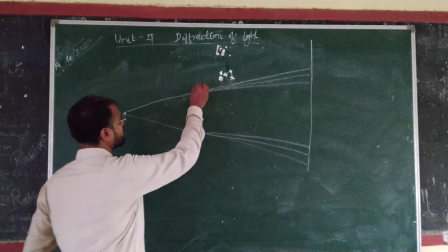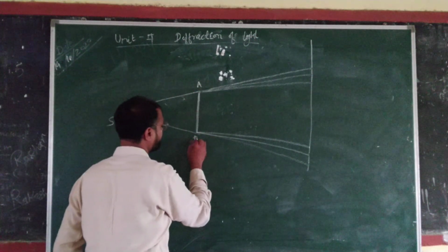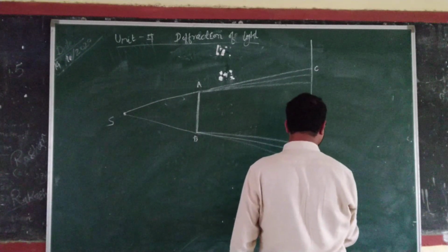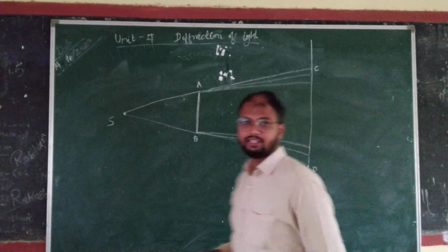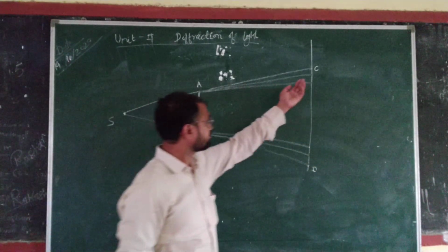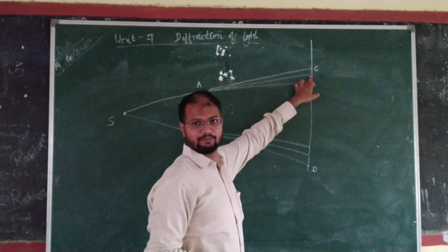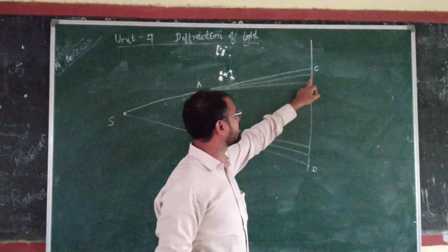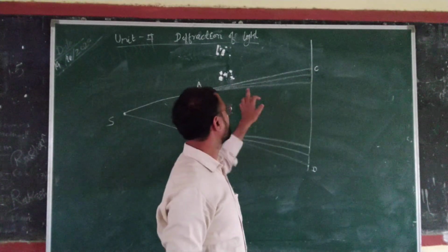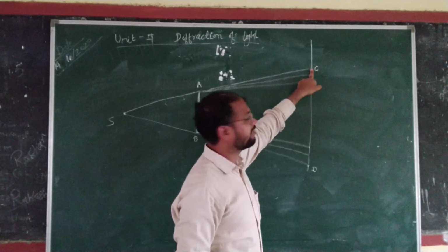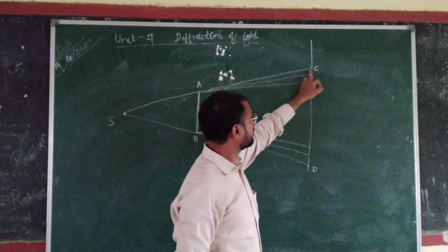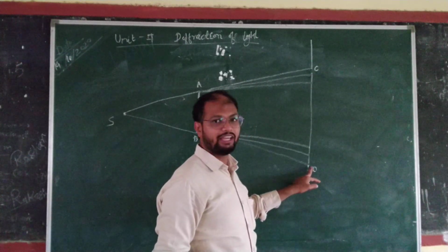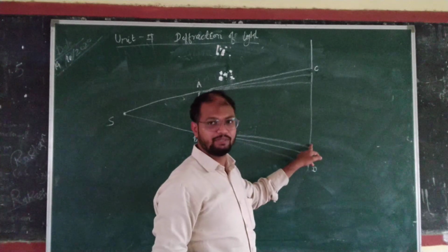Suppose this is an obstacle AB, and this is point C and this is point D. The intensity at the point below point C decreases. Suppose at one point the intensity is maximum, then below this point C the intensity is minimum, and above point D the intensity is minimum.